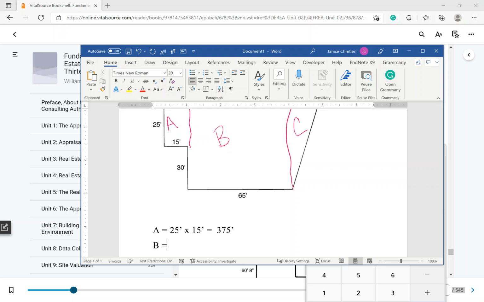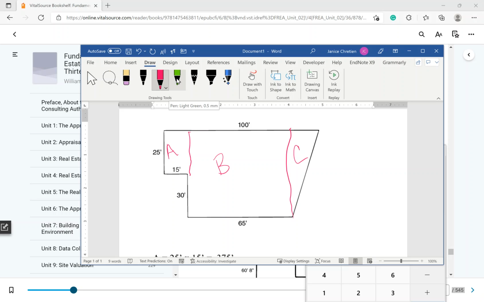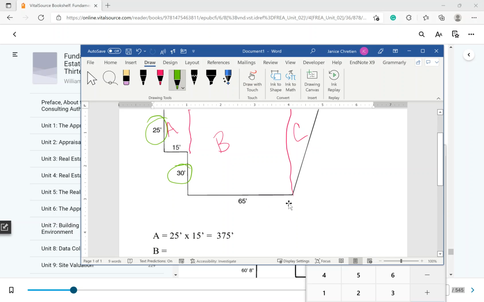So area B. Remember in area we're doing height times width, okay? So in area B, my height, I'll go green on this one, is going to be both of these put together times my width.